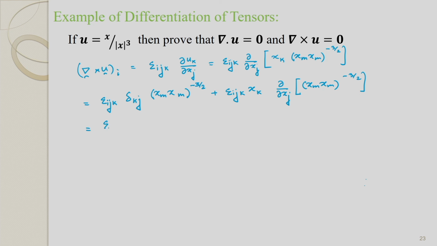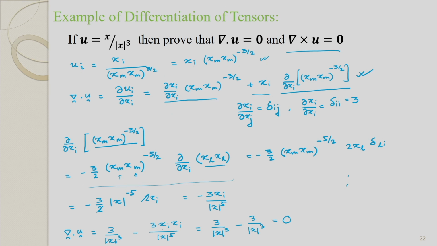Now, here using the substitution operator, epsilon ijj xm to the power minus 3 by 2, and for this term, if you see the previous expression, where del by del xi, we get finally this expression.